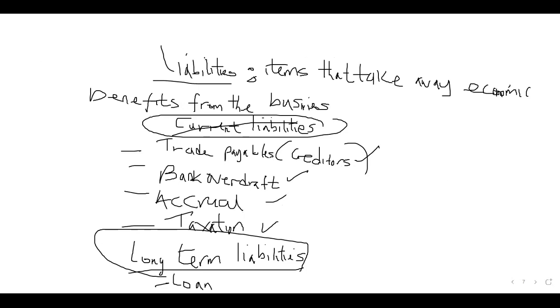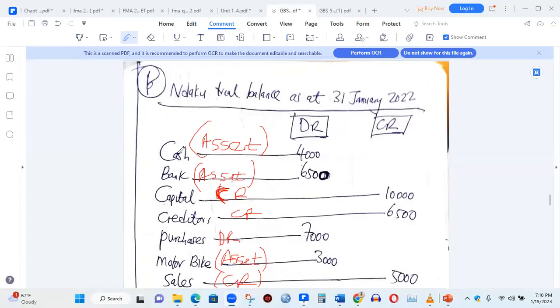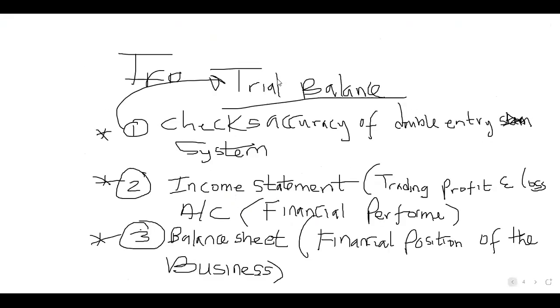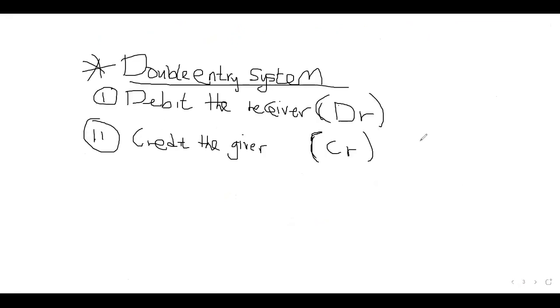Now, we can go back a little bit to the problem. So we have cash as an asset because it will give you a benefit. So it's a debit balance, like I mentioned. Anything else like cash that brings economic benefits to a business has a debit balance.